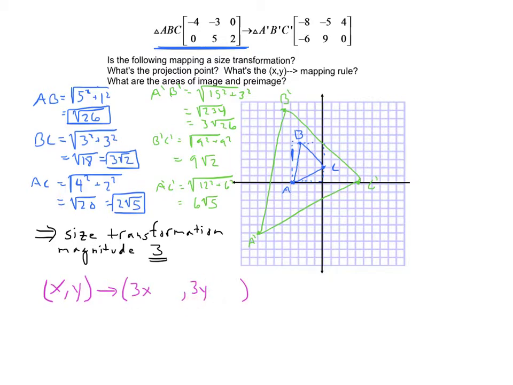But it's not just going to be 3x, comma 3y, because that would put this point, well, I'm just going to write up here where those coordinates would go if I multiplied them by 3. That top row would go to -12, -9, 0, but I need it to actually wind up at -8, -5, and 4. And the only way to do that is to add 4 onto everything.